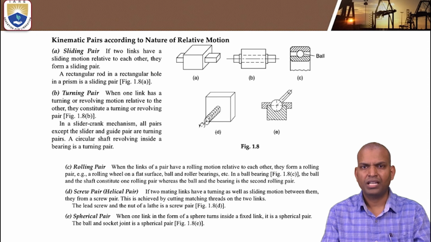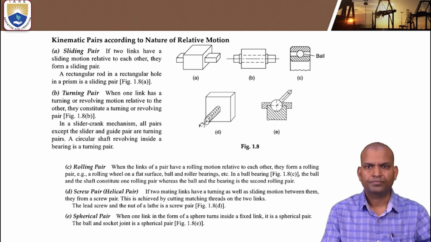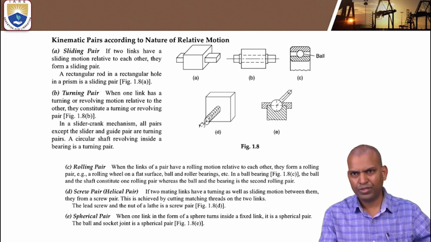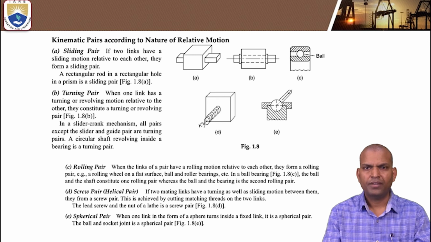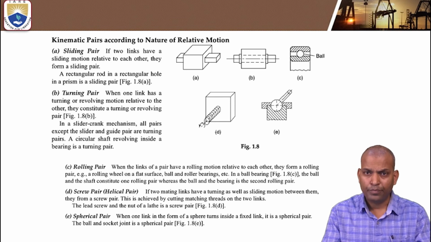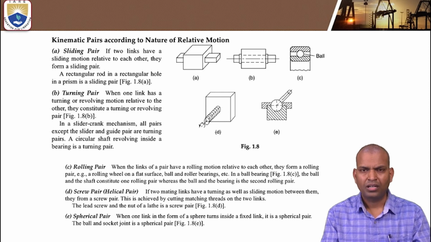So far in this class we have studied examples of various mechanisms, how they are useful. And in this class, the classification of kinematic pairs based on nature of contact. Nature of contact is divided into two types, higher pairs and lower pairs.